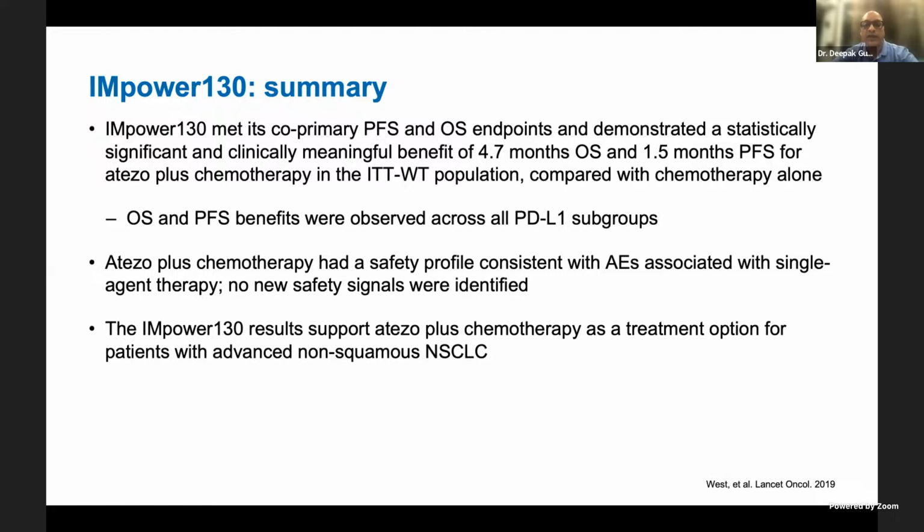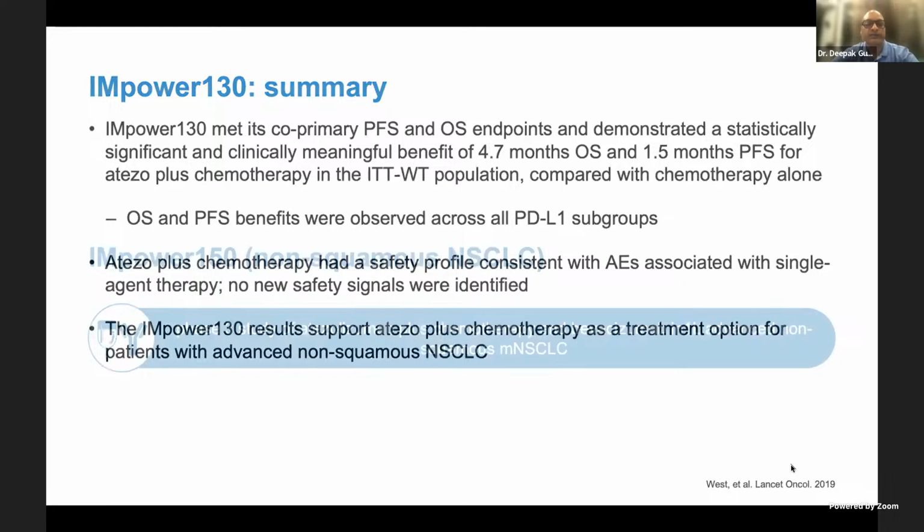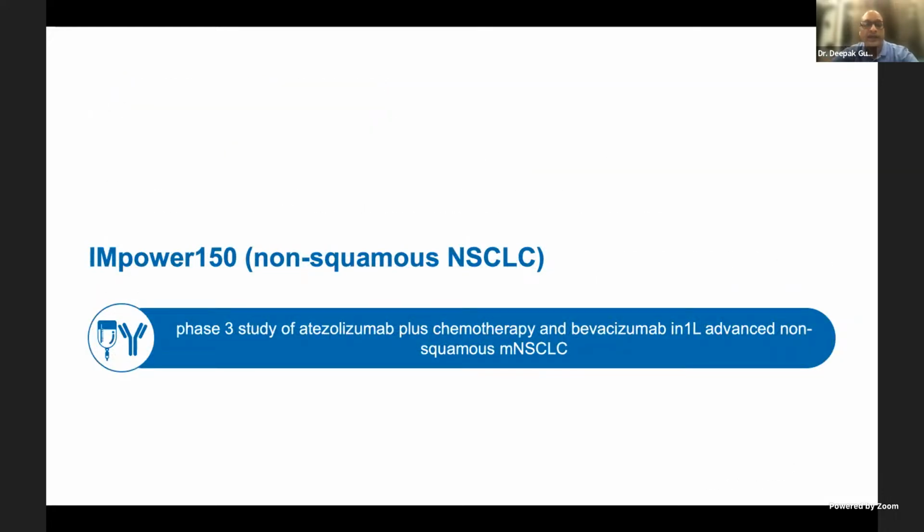Atezo plus chemotherapy had a safety profile consistent with adverse events associated with single agent therapy, and no new safety signals were identified. So this trial supports atezo plus chemotherapy as a preferred treatment option for patients with advanced non-squamous NSCLC. Now coming to the third trial, IMpower 150, which is again for non-squamous NSCLC.